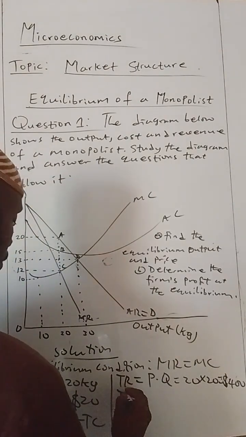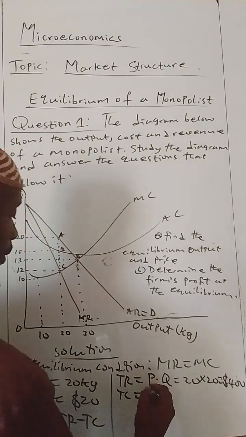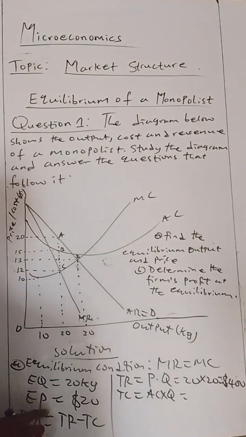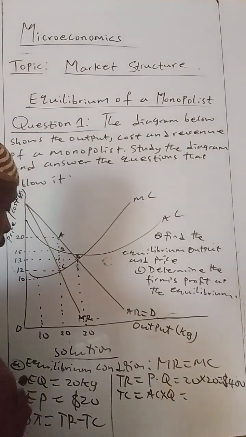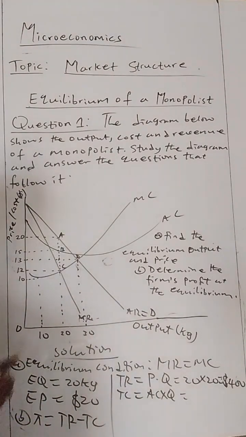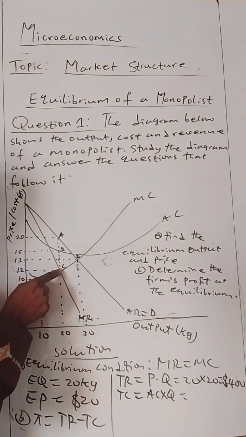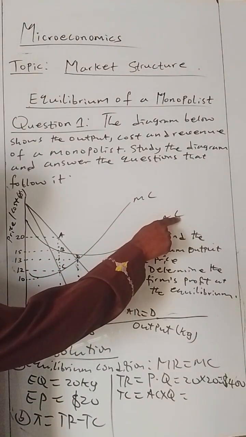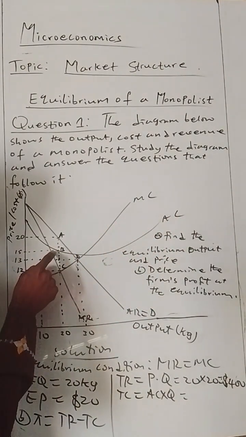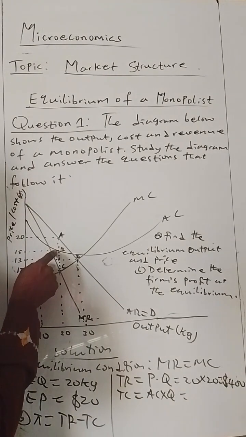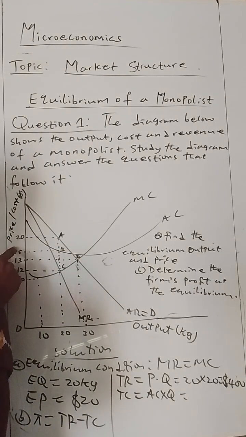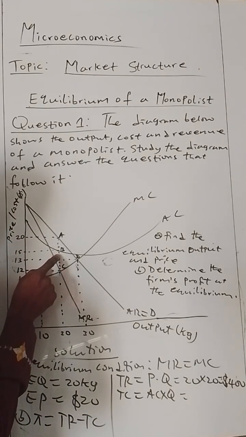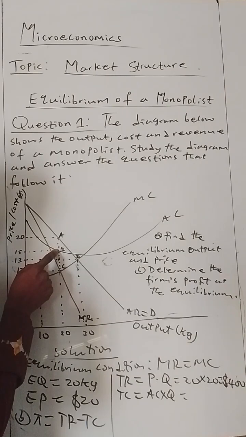Okay, what of total cost? The formula for total cost is AC, that's average cost, multiplied by Q. Now, we know our Q, which is 20 kg, but we don't know our AC yet. How to determine AC? We go back to the equilibrium, that is point C. We continue to trace it until we get to the point where that dotted line touches the AC curve.